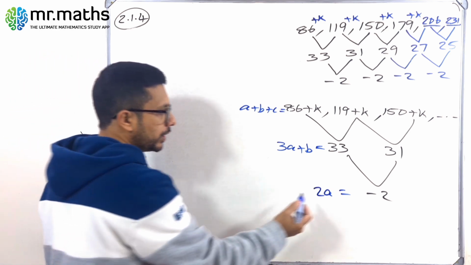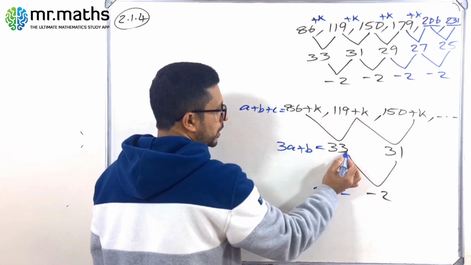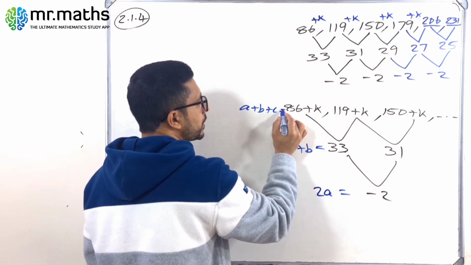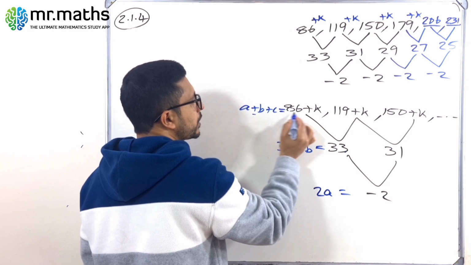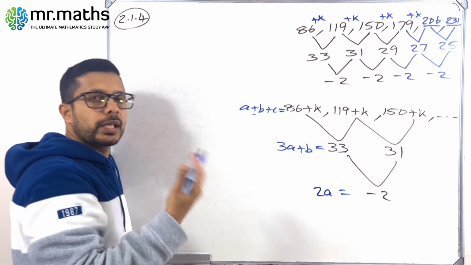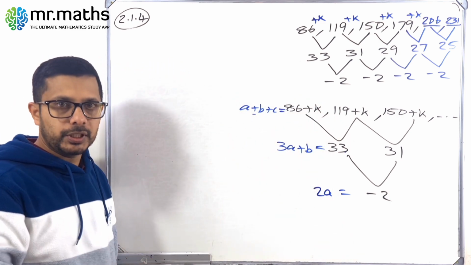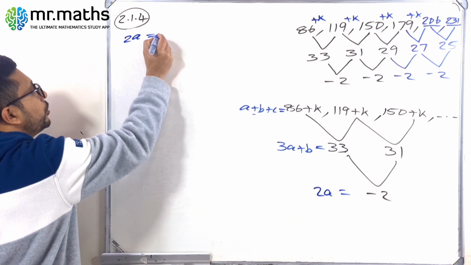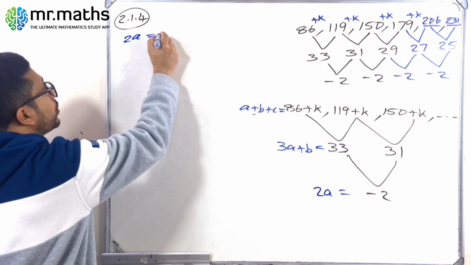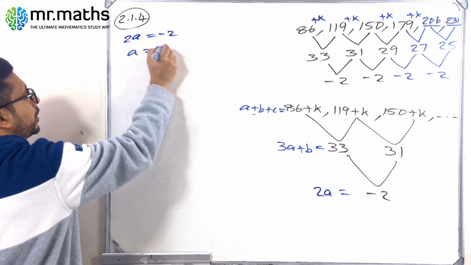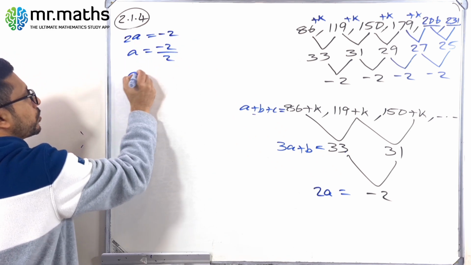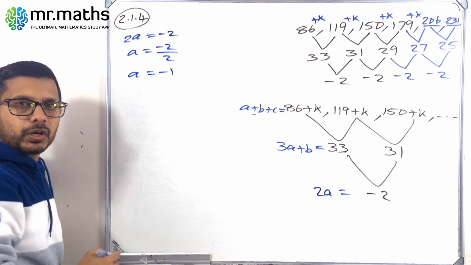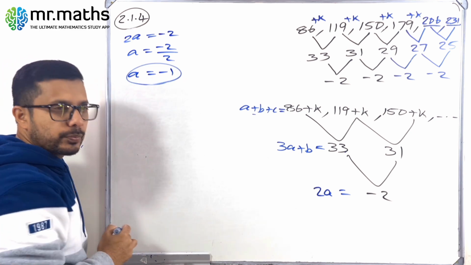This one is the same as the previous one, this one is the same as the previous one, but the only difference is that a plus b plus c is 86 plus k. There is a plus k additional coming there. Otherwise no change. Anyway, what is 2a? 2a is equal to minus 2. So what is a? Minus 2 divided by 2. So a is equal to minus 1. Okay, so the value of a is minus 1.